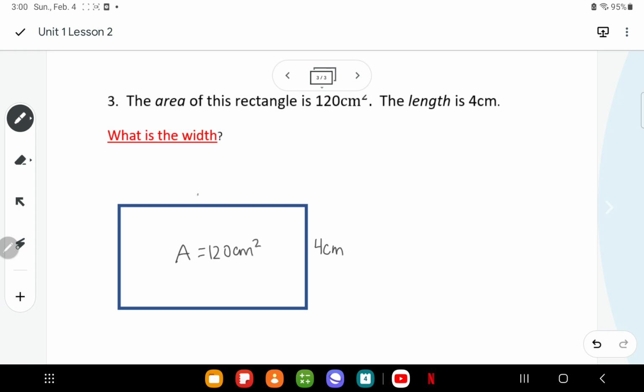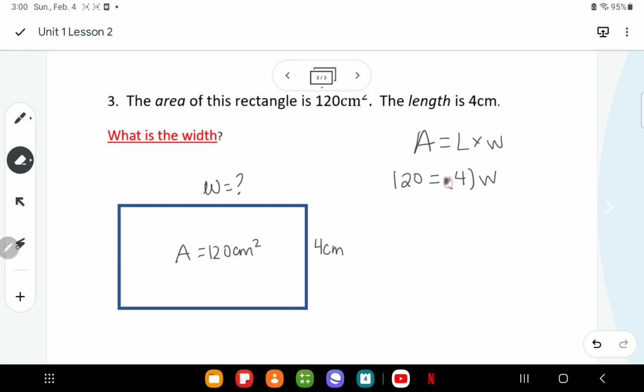And I want to find the width. So I need to figure out what the formula is for the area of a rectangle. Hopefully we remember area equals length times width from probably grade 7 and 8. And now I know the area is 120. So I have 120 equals length, which is 4, times width.